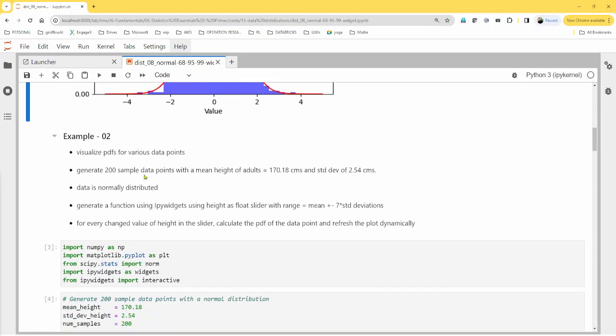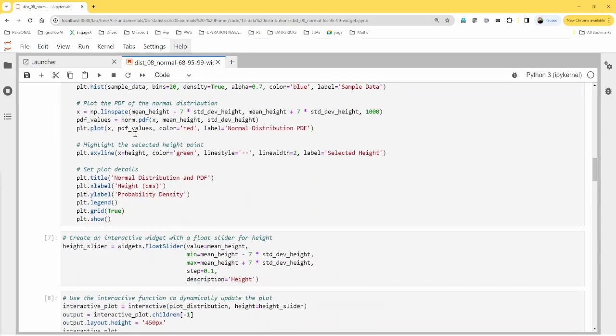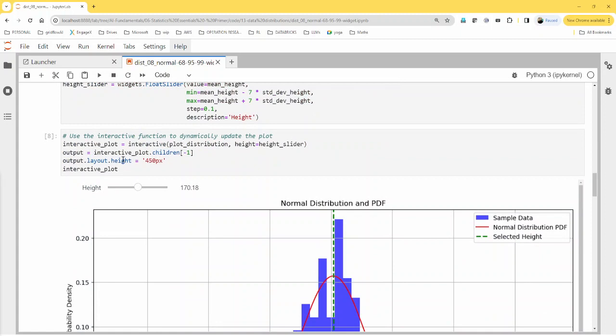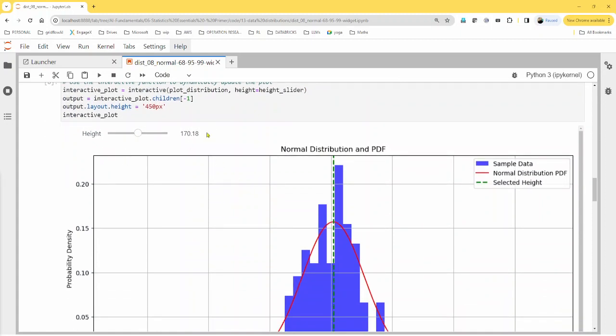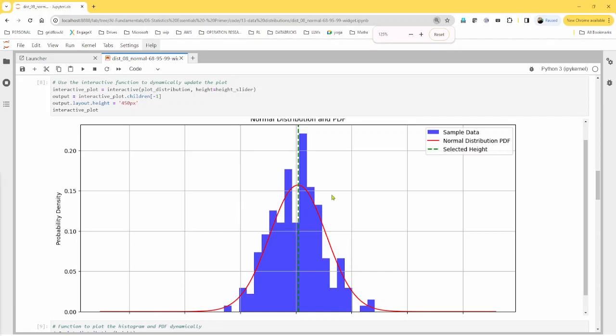Let's look at one more example here. And now in this example, I'm going to show you the relevance of the 3 sigma rule. Okay, so in this particular case, I'm using some widgets to show you this. I have a data series which has a mean of 170.18. So if you look at the plot here, let me reduce the size.